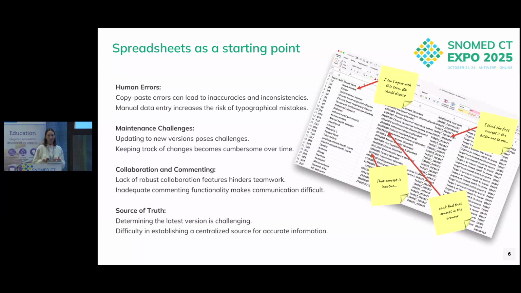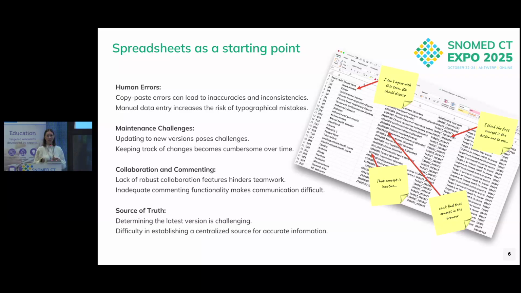Okay. Now, when you're getting started with mapping, we often know people will use spreadsheets. That's just one of the things that people go to easily. Spreadsheets do sometimes cause a bit of a problem. You've got human error, and copy and paste errors can lead to inaccurate documentation and inconsistencies. We know SNOMED CT codes don't always sit great in spreadsheets, so there are often errors in what the codes actually mean.